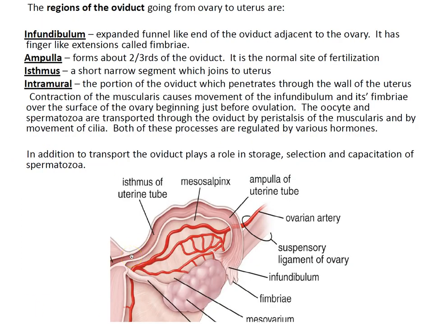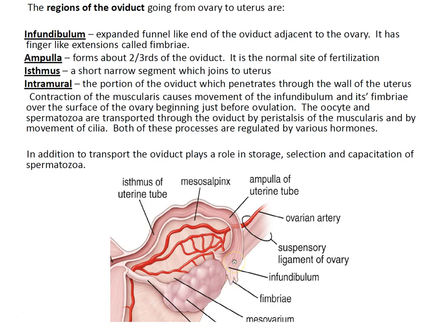Each uterine tube is approximately 10 to 12 centimeters long and can be divided into four segments going from the ovary to the uterus. These parts are the infundibulum, ampulla, isthmus, and intramural part. The infundibulum is the funnel-shaped segment of the tube adjacent to the ovary, and it has finger-like extensions called fimbriae.